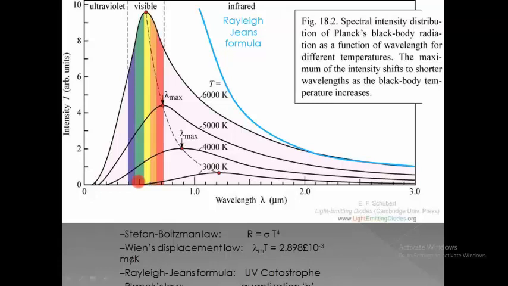It is ultraviolet or gamma or X-ray, like that. So because Rayleigh-Jeans could not establish this part of the curve, he could only find the part at the higher wavelength, and the part he failed to find is in the lower wavelength. So because he failed to explain, sometimes we call it the ultraviolet catastrophe.